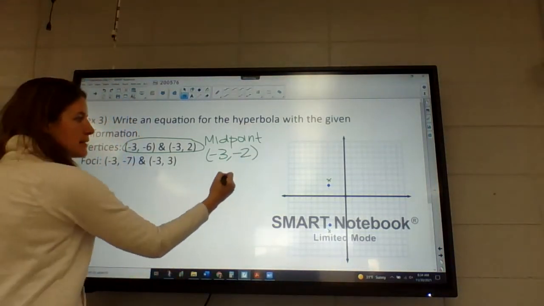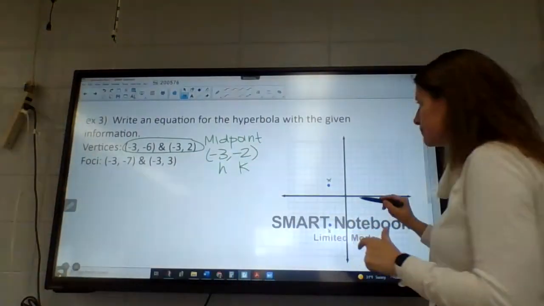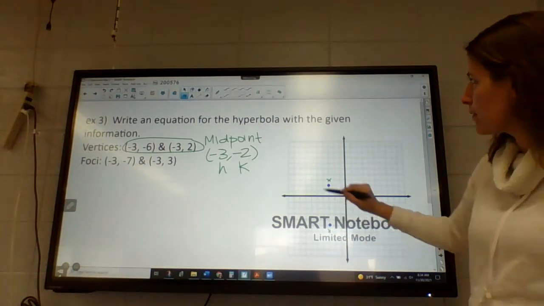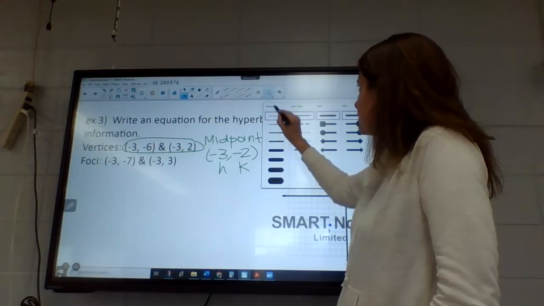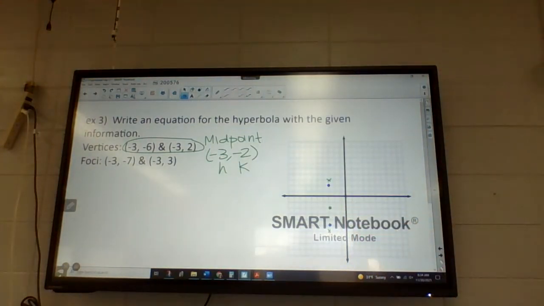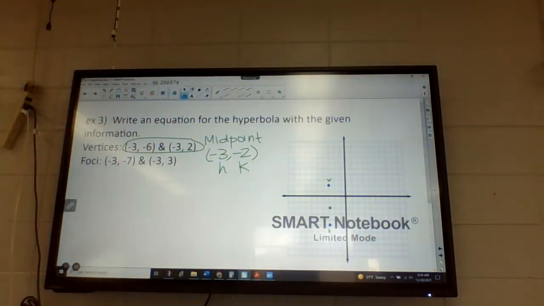And that's going to be my center, so that's going to be my H and K. So there's our H and K. The tougher part is going to be finding the other value, and we'll talk about that in a second here.